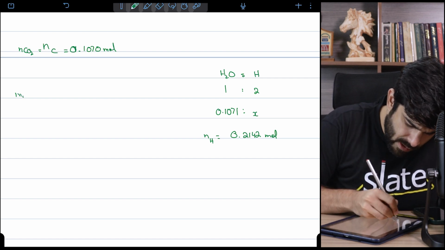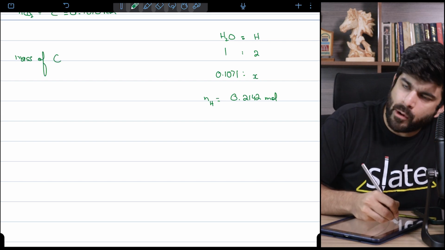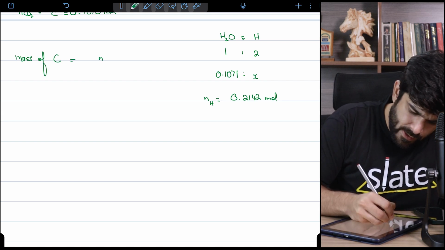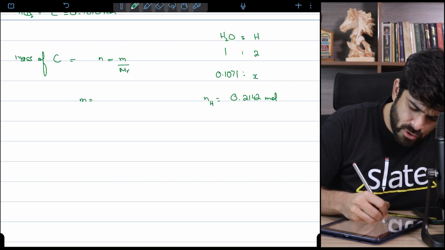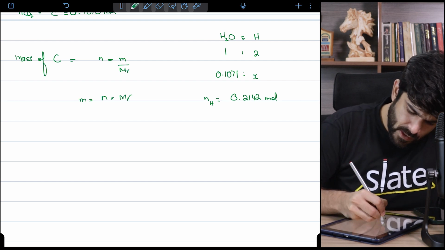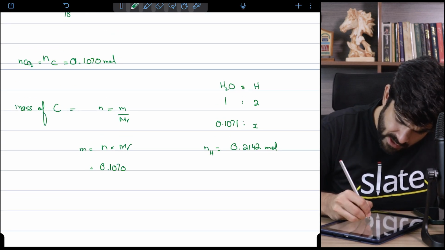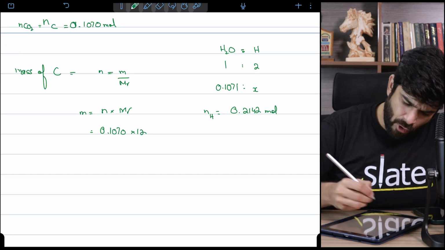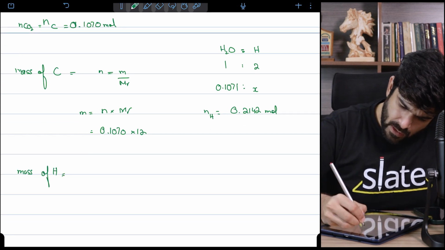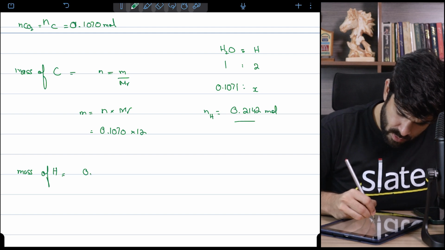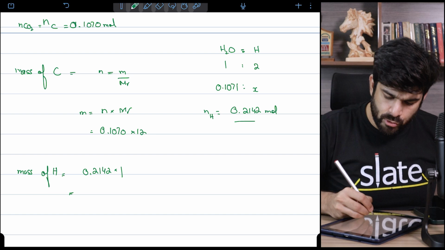For example, mass of carbon in the compound: we convert the formula mass over MR into mass equals mole into MR. So for carbon, we have the moles 0.107 into 12. And for hydrogen, that's very basic. This value into 1 because that's the amount of hydrogen.